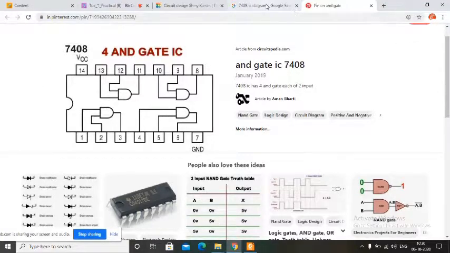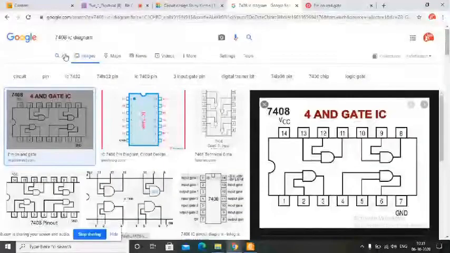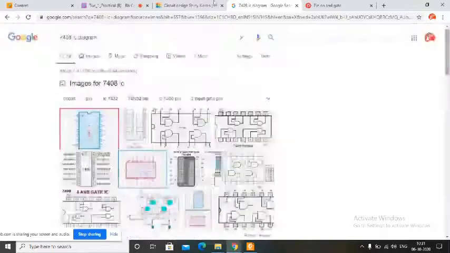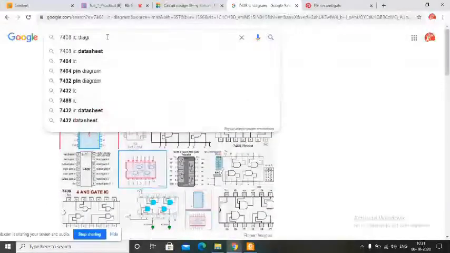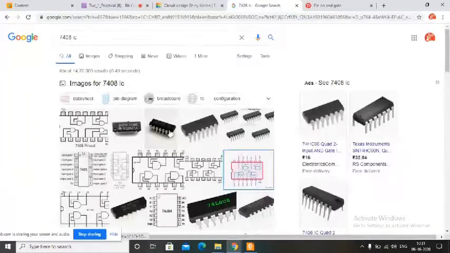Actually, these pins are something like this. Is this visible to you? So these are the pins. Actually, in that case, they have given them certain names, right? 14 pins.